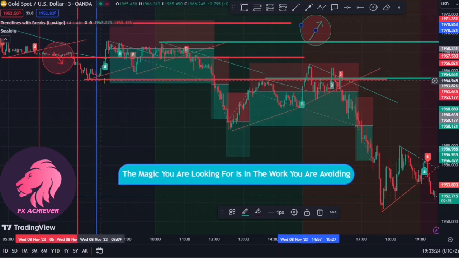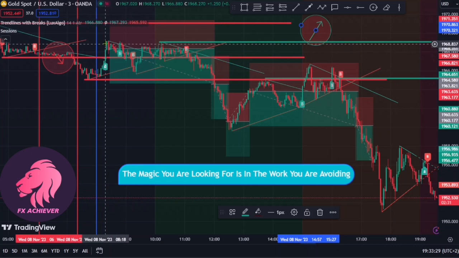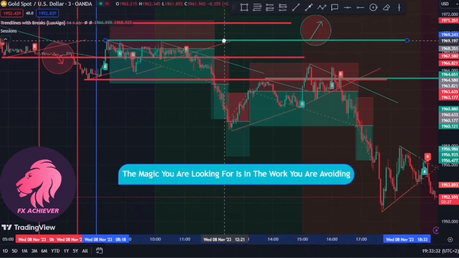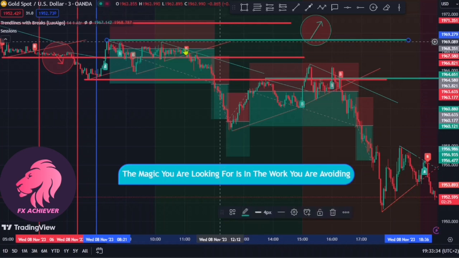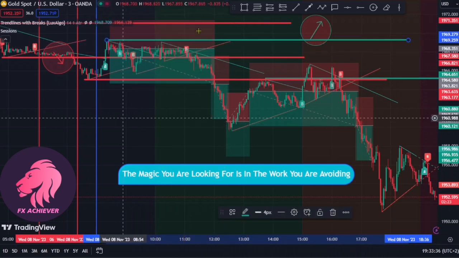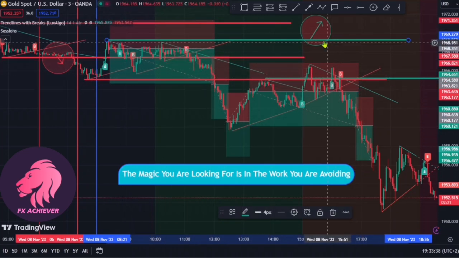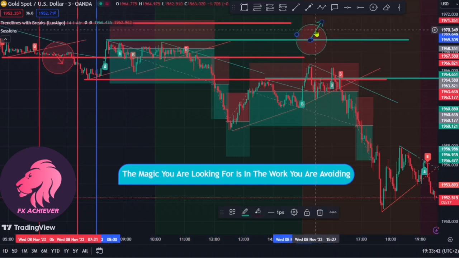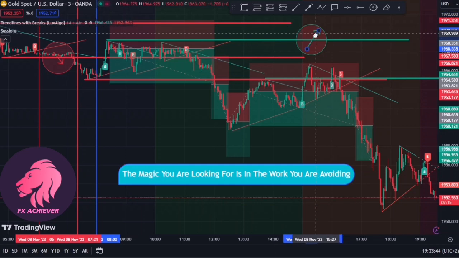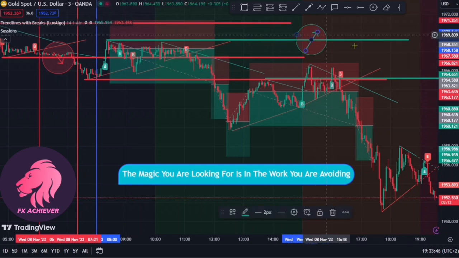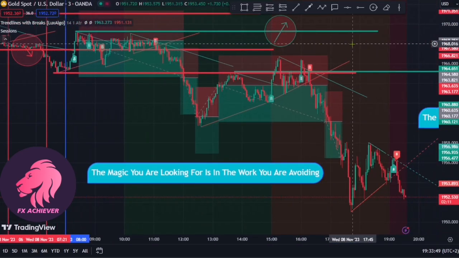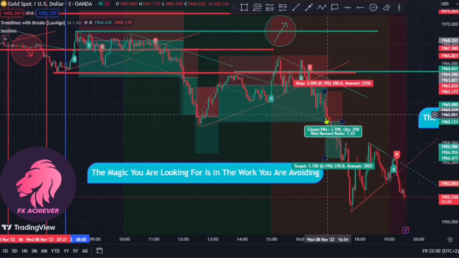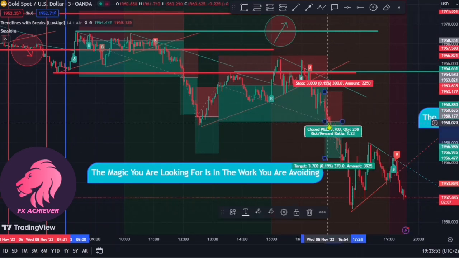We're still on this level, so the high of this level is this one here, so you can actually even place it here, because this one doesn't count. Literally, this one doesn't count. Only if this one gets beaten, that's when we're gonna start looking for buying opportunities. You understand?